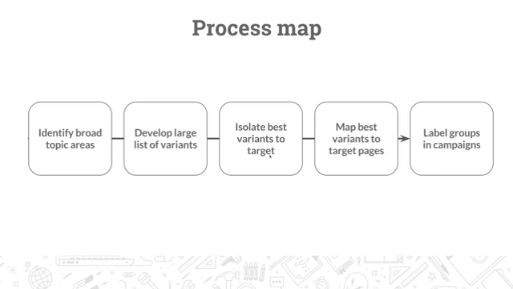Isolate the best variants, right, to find the ones that have the most desirable attributes. Map those variants to target pages and make sure we have those variants labeled in our campaign so we can track appropriately over time. And we'll dive into the use of lists. We'll dive into what defines a best variant. We'll go over that in subsequent modules.